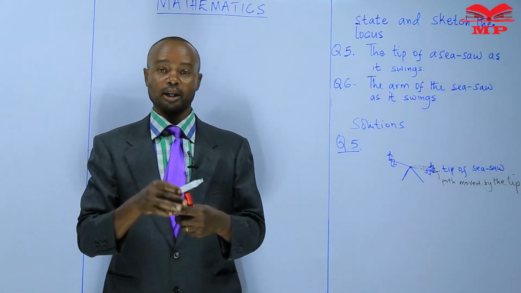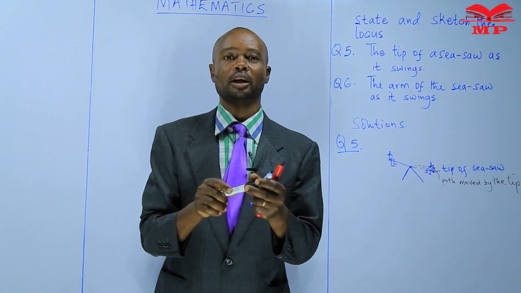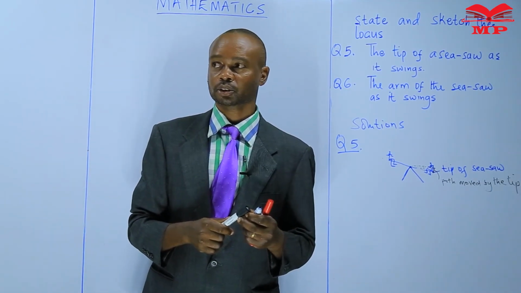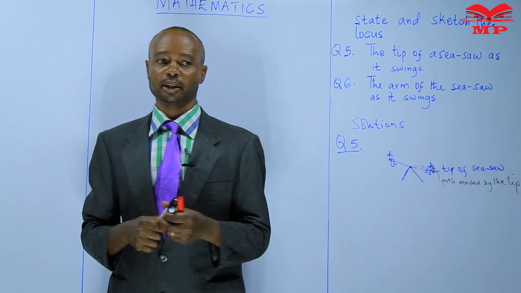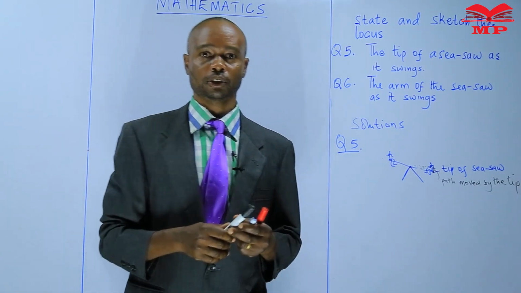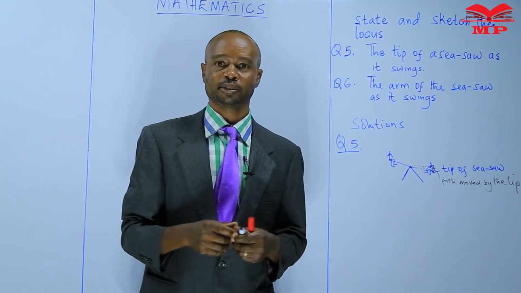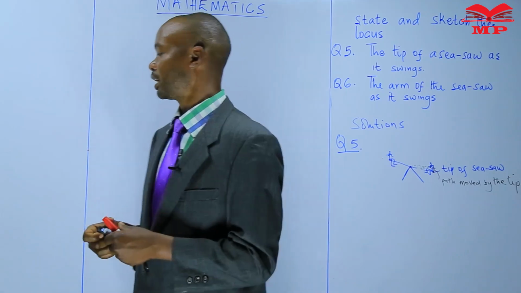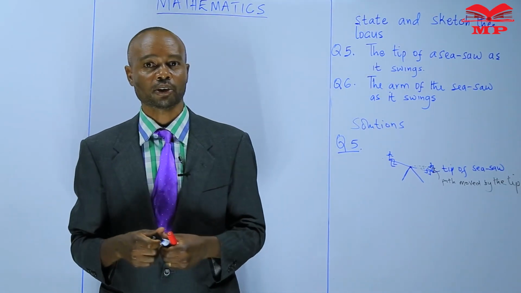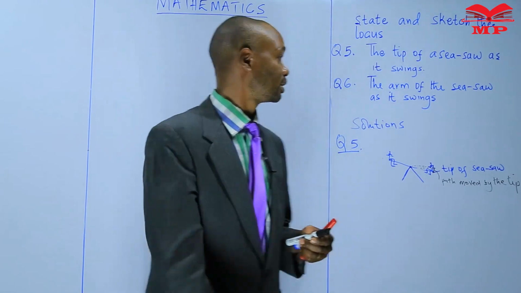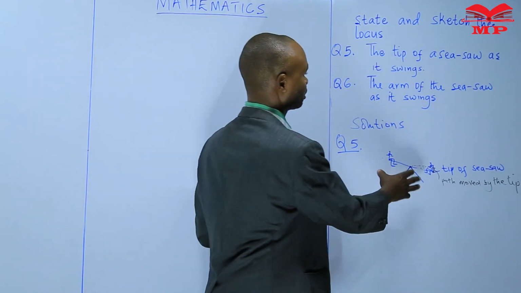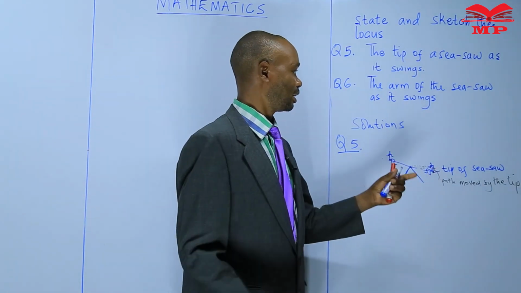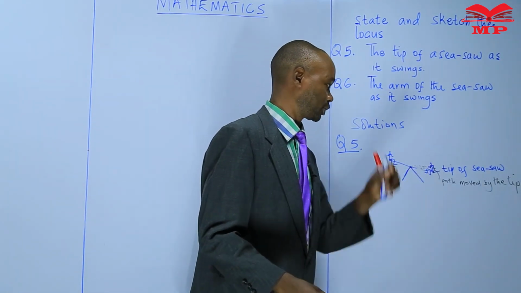If you go to our definition, we say that a locus is the path, region, or volume traced by a point, a line, or a volume according to some given law. So if you go to question 5, the tip is under the arrangement of a point.